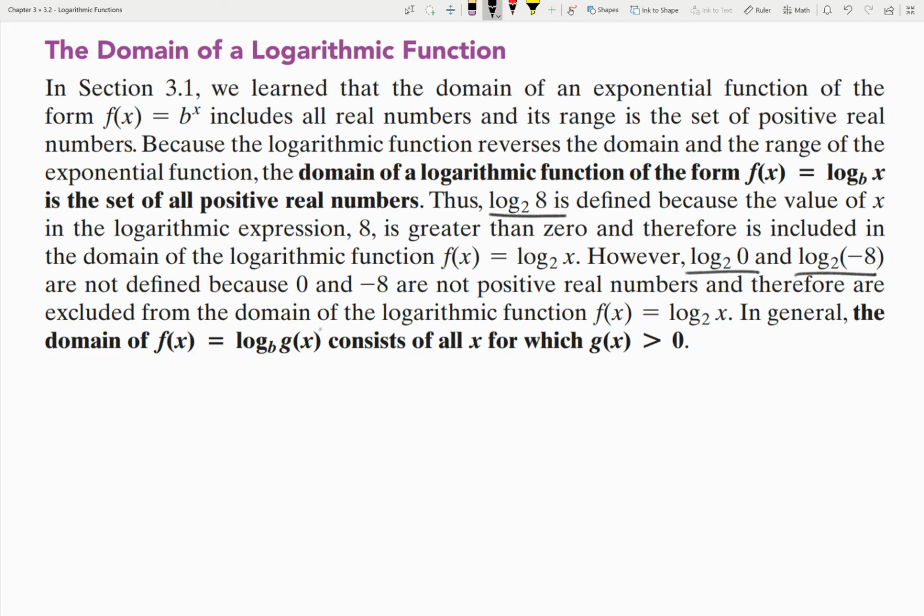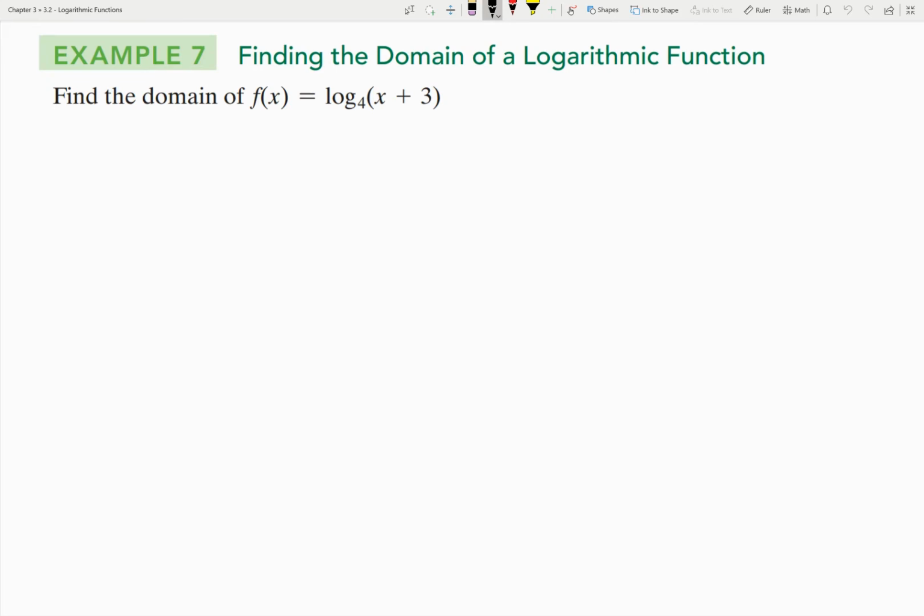Okay, that means that I have to look inside the logarithm. In general, the domain of the logarithm is everything that makes the inside of it greater than 0. Not greater than or equal to 0, because you cannot take the log of 0, just greater than 0. So if I want to find the domain of this logarithmic function, I don't need to know what base it is.